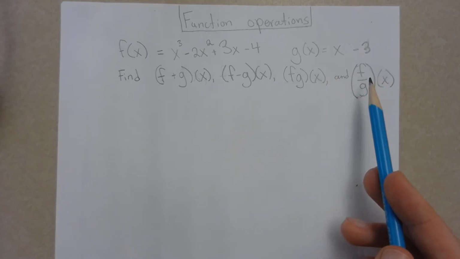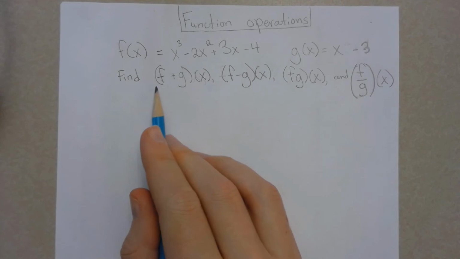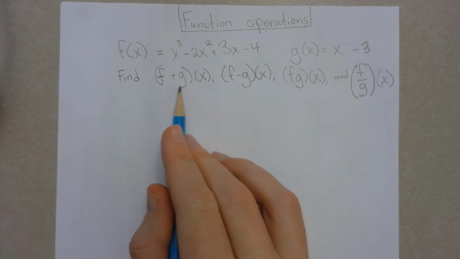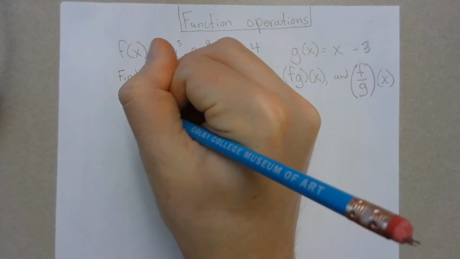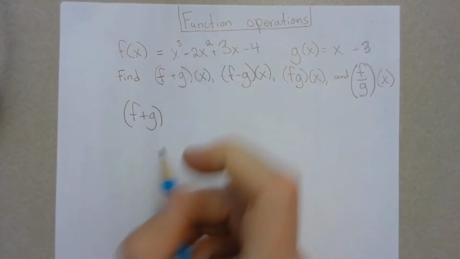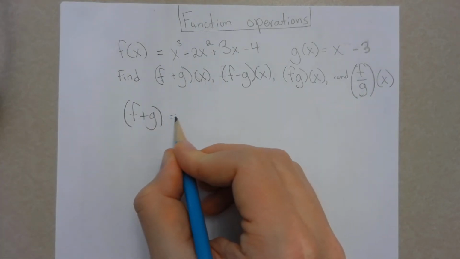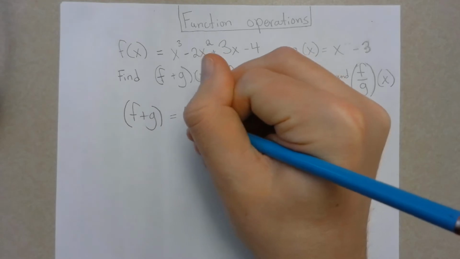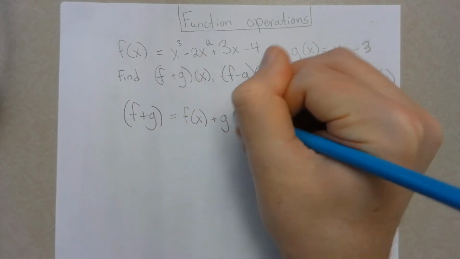Okay, so we'll just go one at a time and sort of break these down. The first thing I would do is, I'm not really a big fan of this format here. So I actually like to rewrite an operation of two functions. I like to write it out as an actual addition, the addition of two different functions.